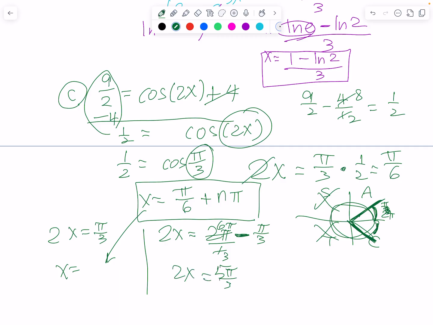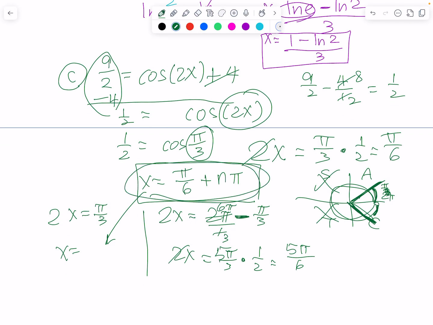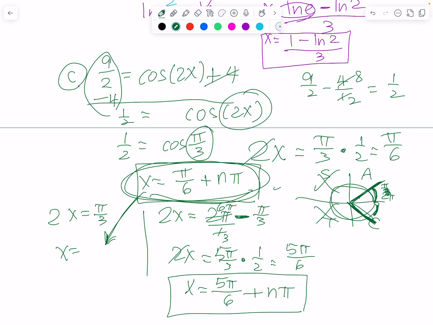You want to solve for x, so divide both sides by 2, which really means multiply by a half. So we get 5 pi over 6. So not only is this the answer for the left part, now this is also the answer for the right part. So it's 5 pi over 6 plus n pi. So that's our final answers, this and this.